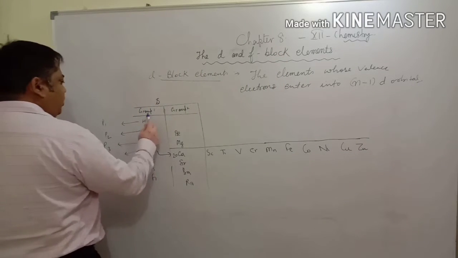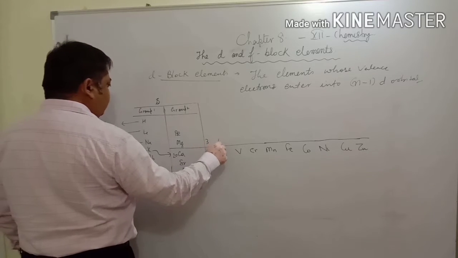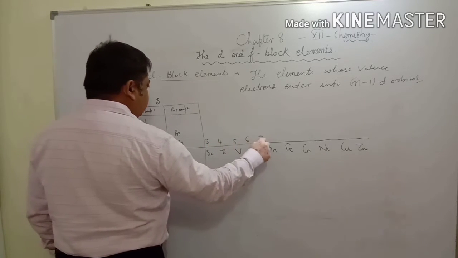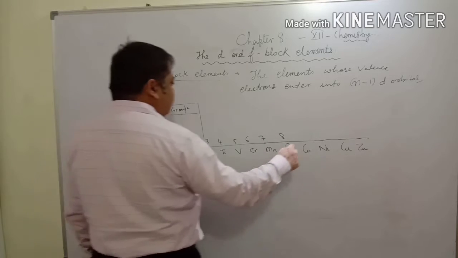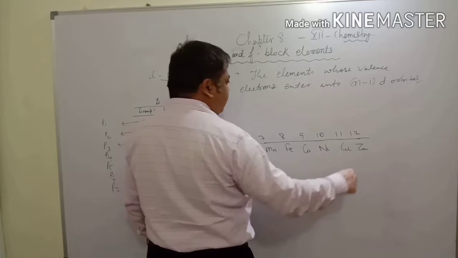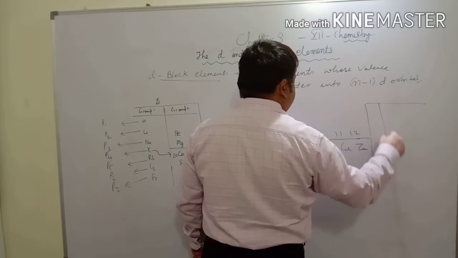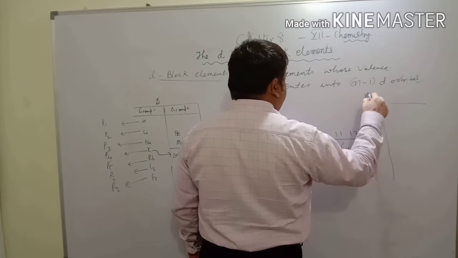So this was group 1, group 2. This is group 3, 4, 5, 6, 7, 8, 9, 10, 11, and 12. Then again p block elements started, in which this was group 13.